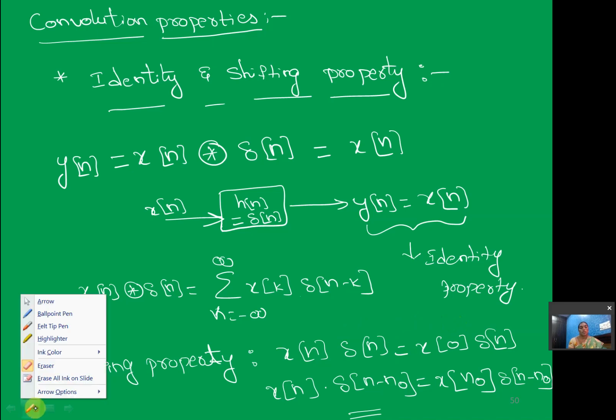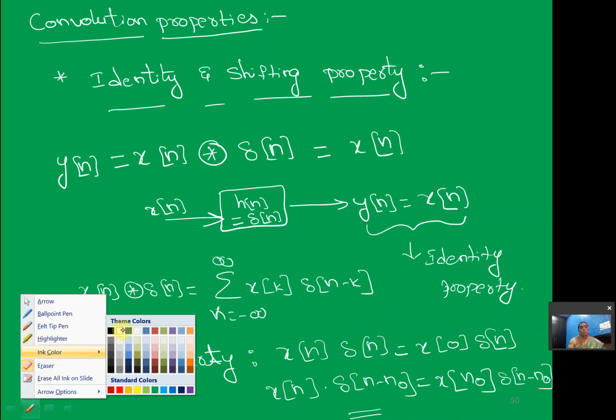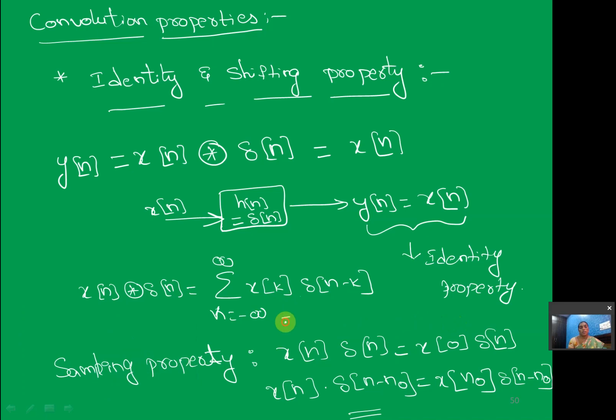So this is equal to the summation over k from minus infinity to infinity of x of k at k is equal to n. How can I denote this? X of k at k is equal to n means x of n into del of n minus k.